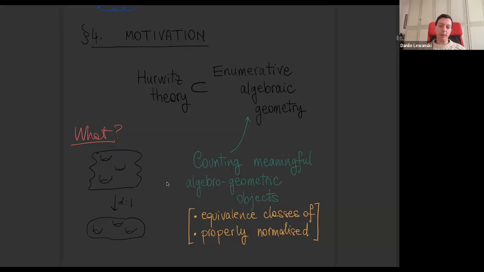So Hurwitz numbers are rational numbers. They are positive because you're counting the number of coverings, and then you at most divide by the cardinality of the automorphisms. So you have positive rational numbers.